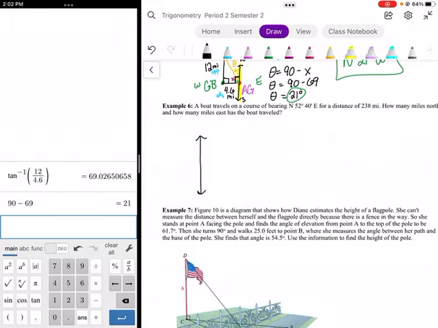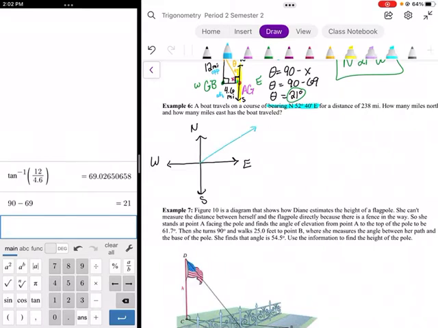That'll be our north, south, east, and west. They told us the boat traveled on a bearing of north 52 degrees and 40 minutes east, so that's going to be about right there.